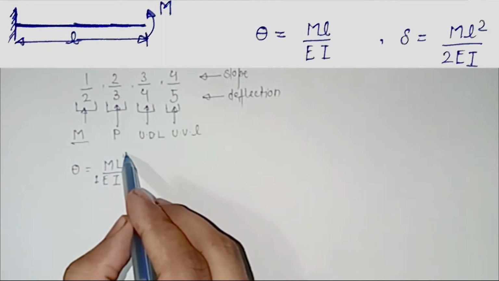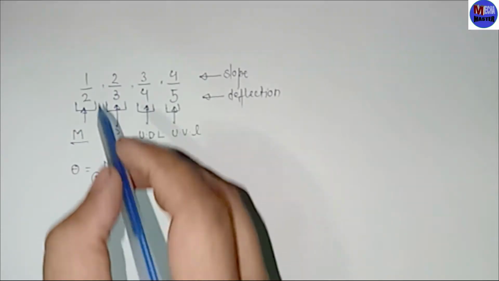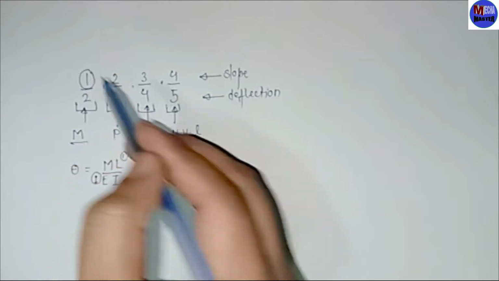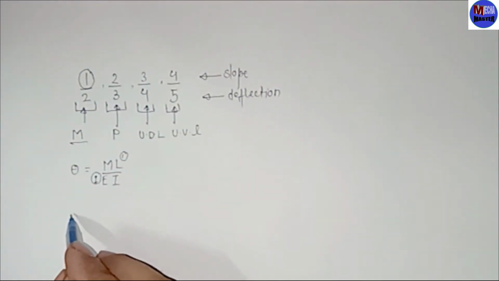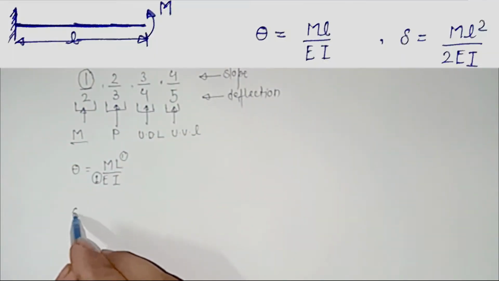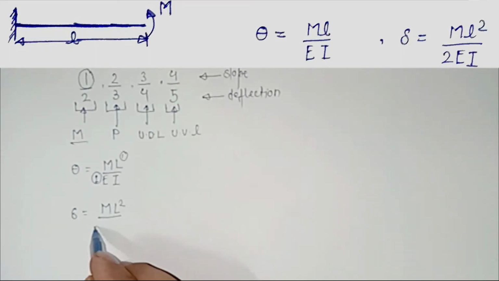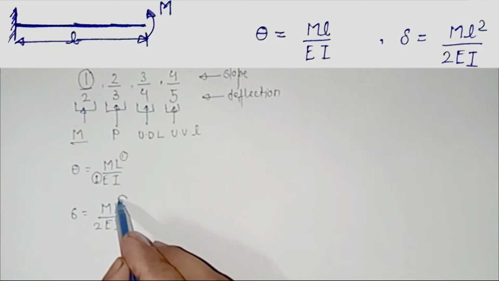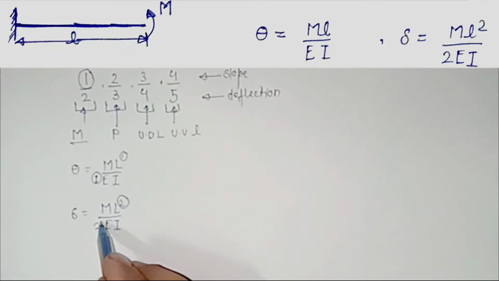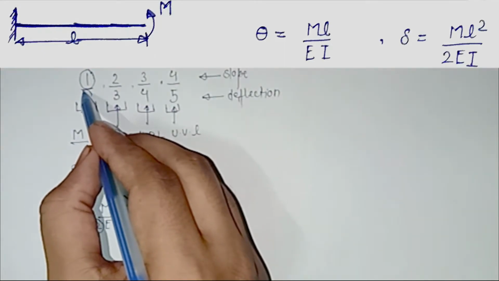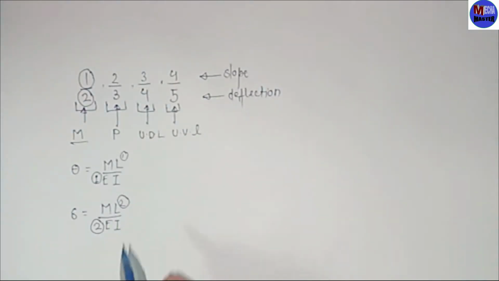So you can see we have used 1. The formula for deflection is ML square upon 2 EI. The power of L is 2 and the coefficient of flexural rigidity 2. So we have used 2.